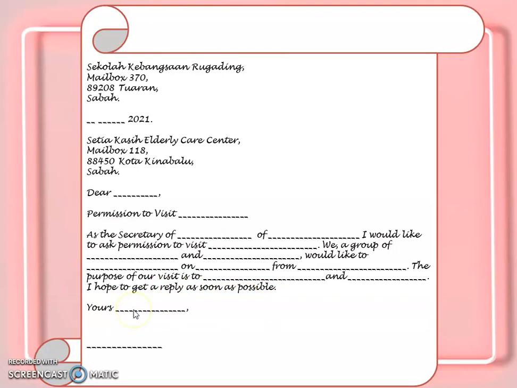Yours, your complimentary closure. Remember, if you put a name here, your complimentary closure must be yours sincerely. Okay? If it is an unknown receiver, you put yours faithfully. But since you have a name, so you put yours sincerely. Okay, and then you sign and then sender's name, your name.